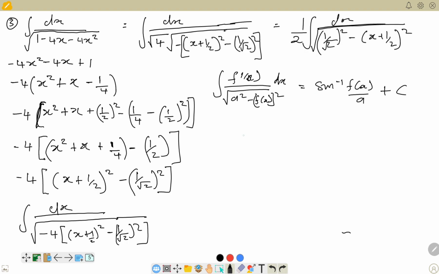And then what can I do from here? I need to relate this formula to what I'm having there. So I can see that a in this case is actually 1 over square root 2. Then f of x is actually going to be x plus 1 over 2.